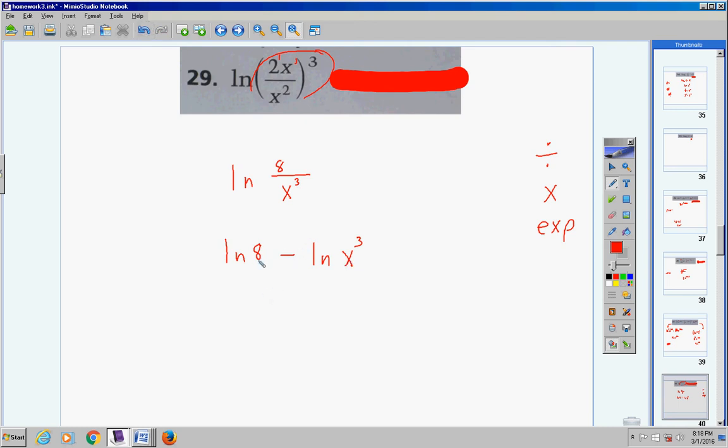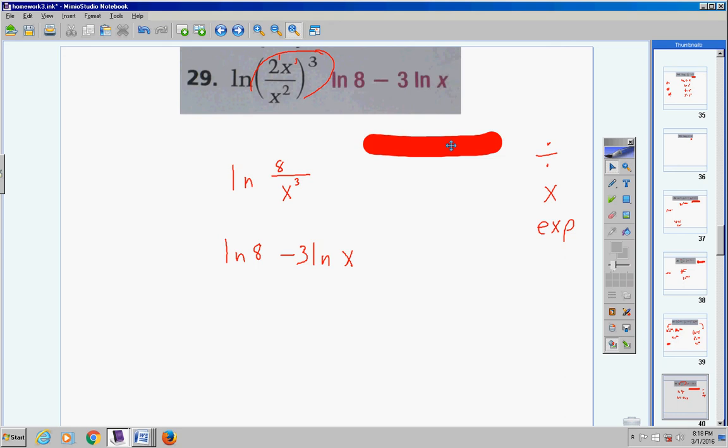Do you see any more division? No. Multiplication? No. Exponents? No, so we're good. Over here, do you see division? No. Multiplication? No. Exponents? Yes. So we pick the exponent up, and we're going to move it to right here. And that hopefully is the answer. Good, it is. So there we go.